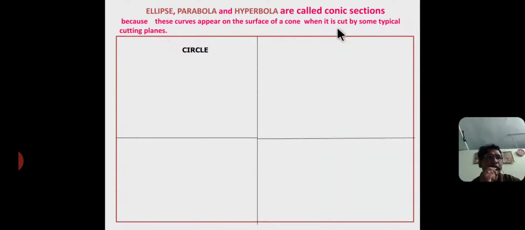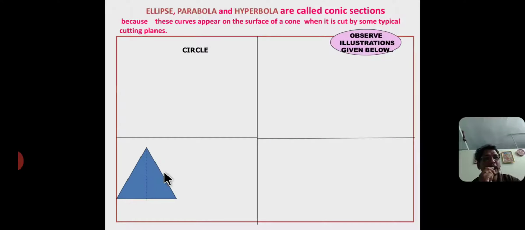Please read carefully. Conic sections appear on the surface of a cone when it is cut by some typical cutting planes. So now I will explain some examples.